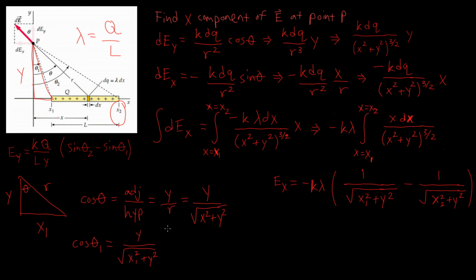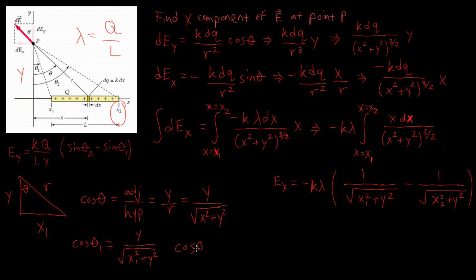And similarly for theta 2, the triangle that we have to consider is this triangle right here. The angle between the y-axis and x2 is theta 2. And so the adjacent side would still be y, but the expression for the hypotenuse would change, because now the horizontal distance on the x-axis is x2.